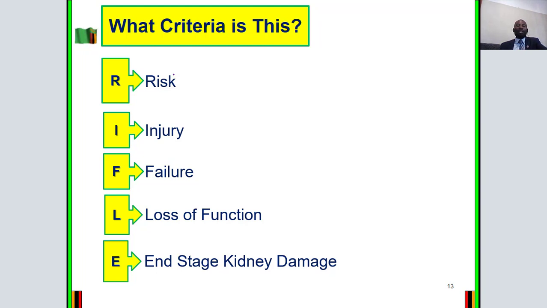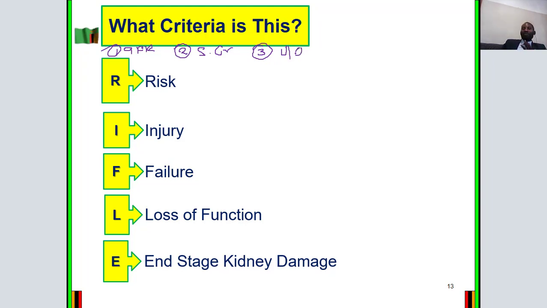Number one, the glomerular filtration rate. Number two, serum creatinine, and number three, the urine output.